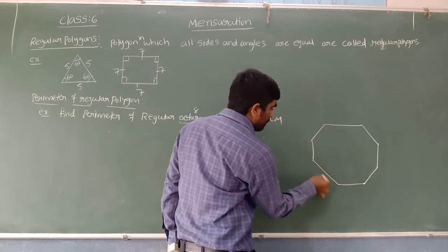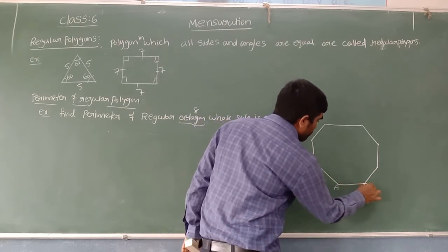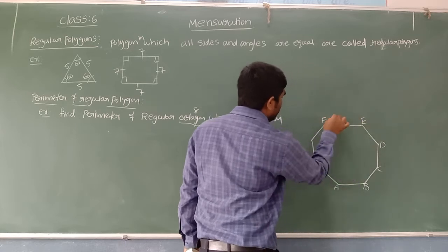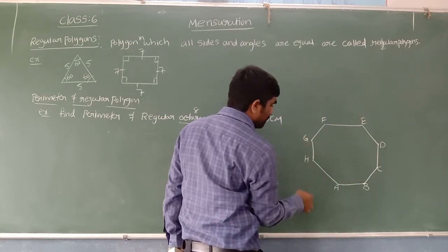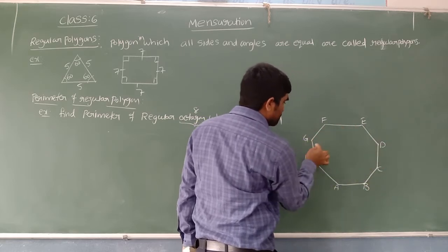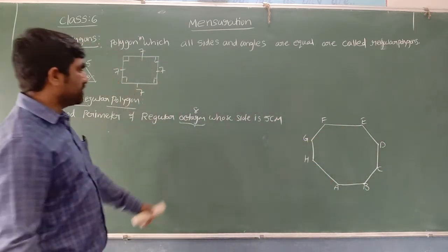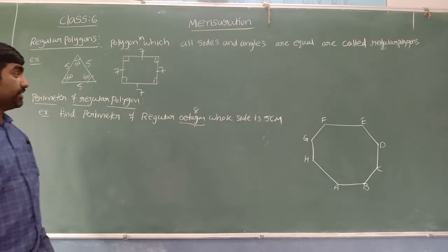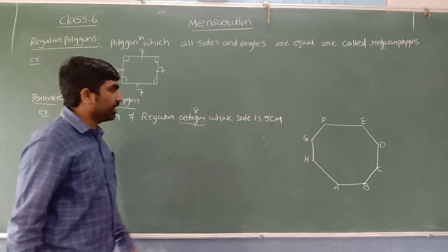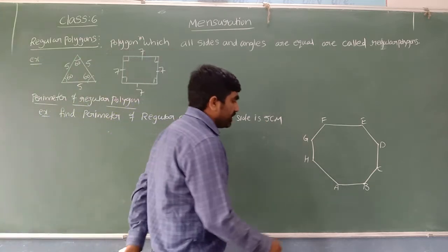Let me write the names A, B, C, D, E, F, G, H. 1, 2, 3, 4, 5, 6, 7, 8. 8 sides are there. It is called an octagon. And they said regular octagon means all sides are equal. What is the length of one side? 5 centimeters.